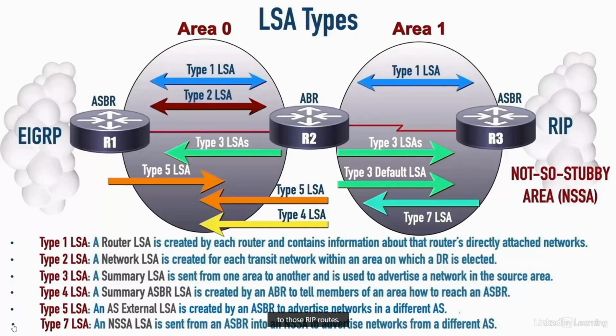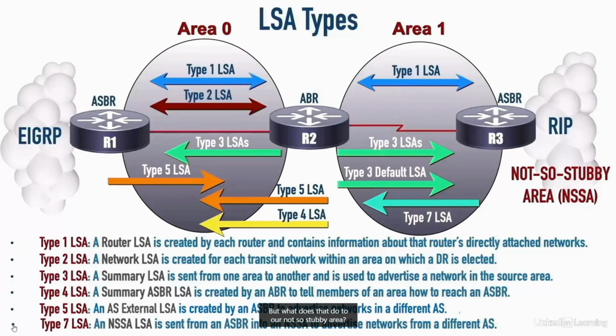would know how to get to those RIP routes. But remember, we took a step back to a stub area, and with the stub area, we still have the issue that we're sending all those individual type 3 LSAs for Area 0 networks into Area 1. Well, let's make it a little bit better. Let's get back to where we had a totally stubby area, where we just send a single type 3 default LSA.